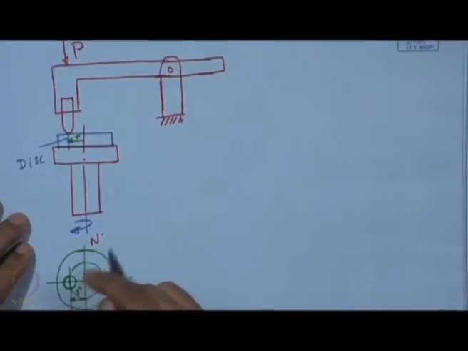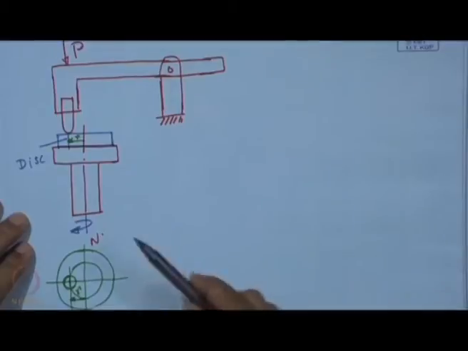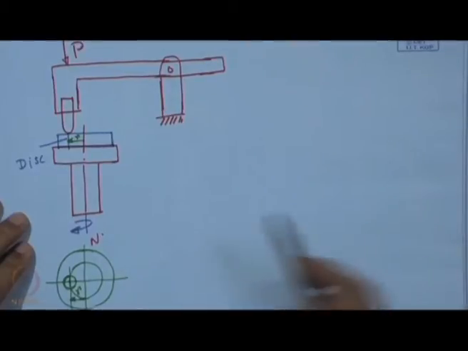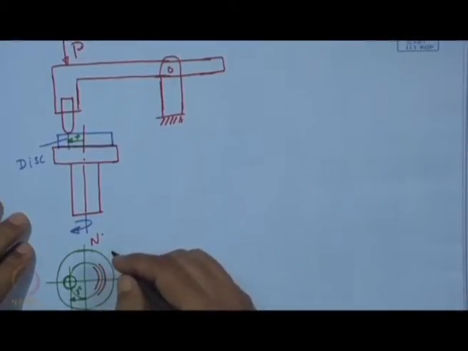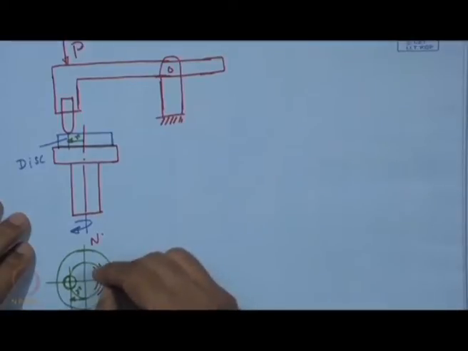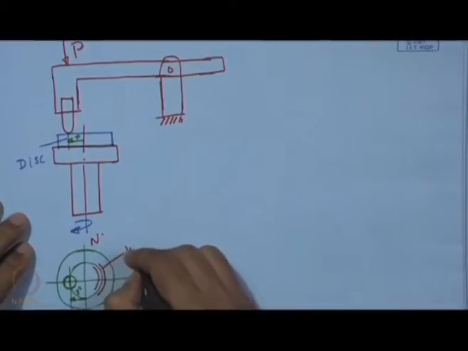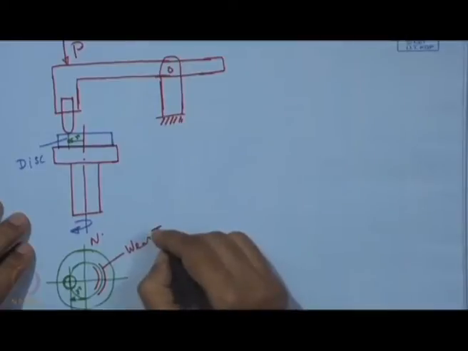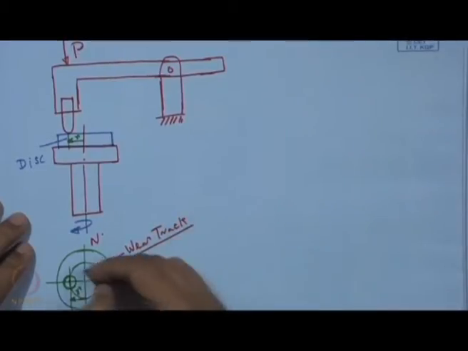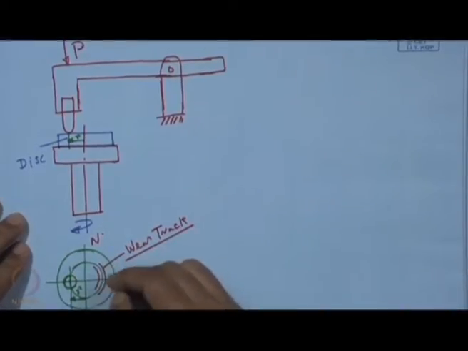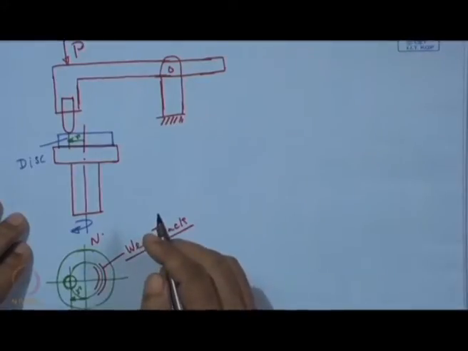First we see a line appear, and then this line will increase its width about its mean position. It becomes wider with passage of time, and this we call the wear track on the disc. The wear track will be a continuous ring-like thing, recognizable on the top view.